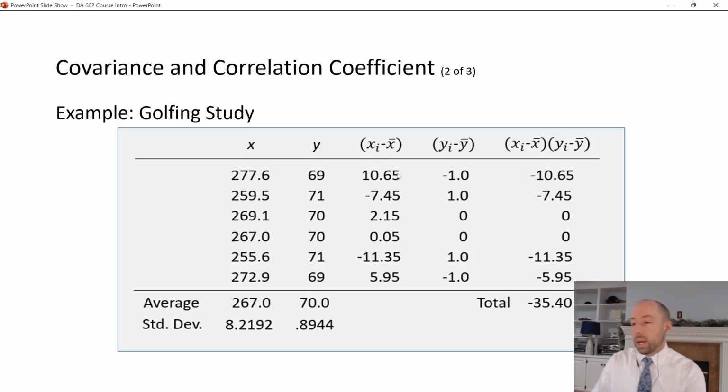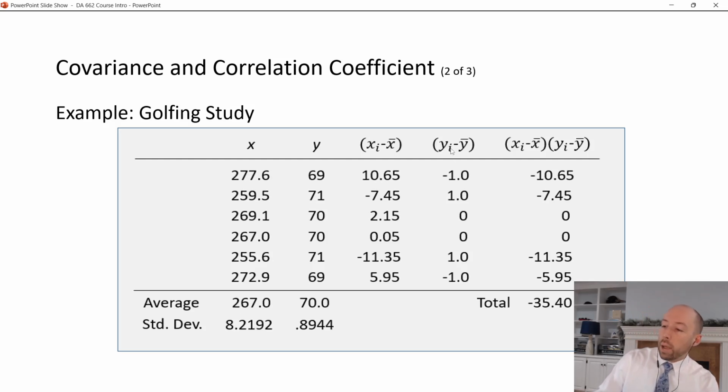What do I do? I take x minus x bar. I take y minus y bar. Ignore the rounding here. But say that this difference, 277.65 minus the 267.0 comes out to 10.65.